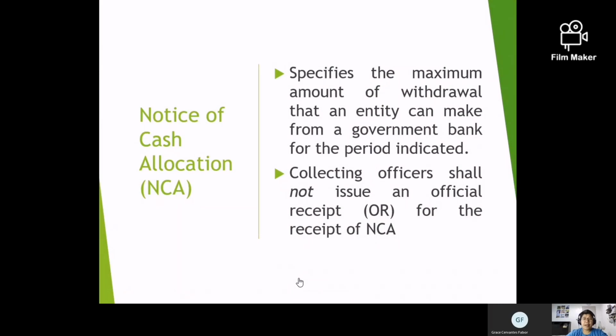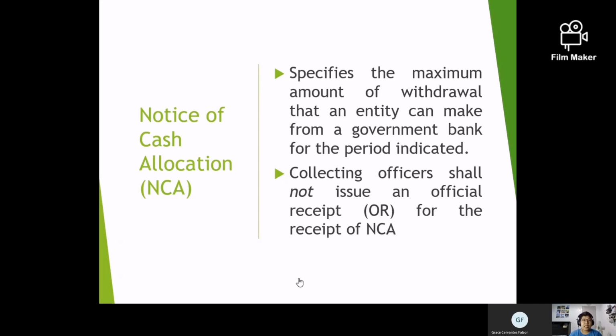NCA specify the maximum amount of withdrawal that an entity can make from government bank for a period indicated, and collecting officers shall not issue an official receipt for the receipt of NCA. So, yan yung mga disbursement authority natin. So, meron pa yun. Na-discuss natin last time.